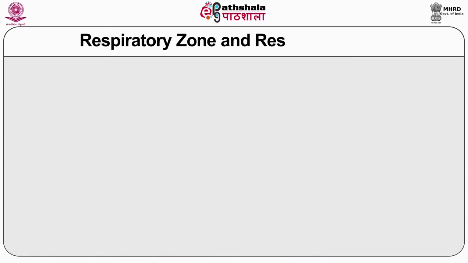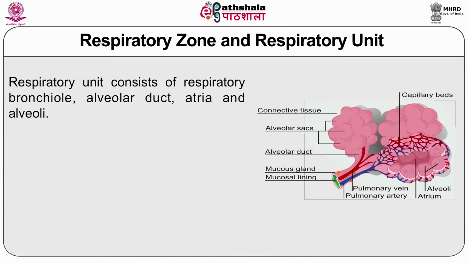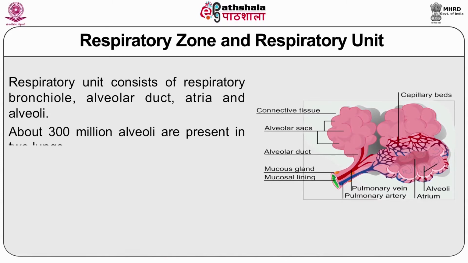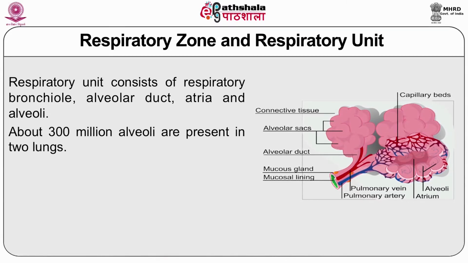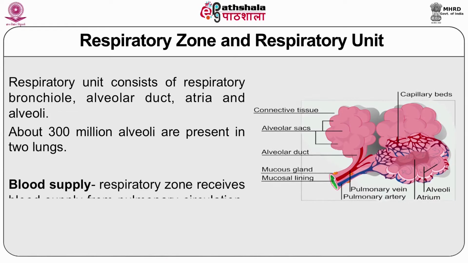Now, let us see about the respiratory zone. Respiratory unit consists of respiratory bronchiole, alveolar duct, atria and alveoli. They receive the blood supply from pulmonary circulation.